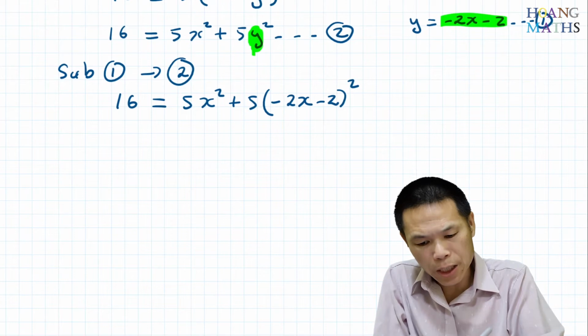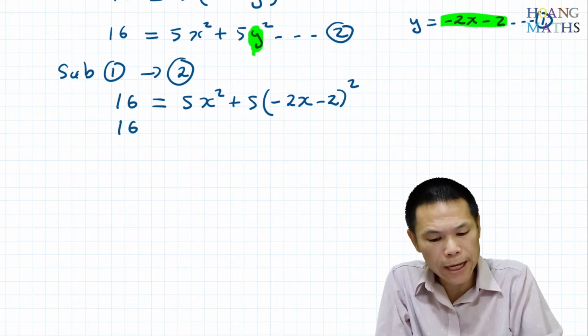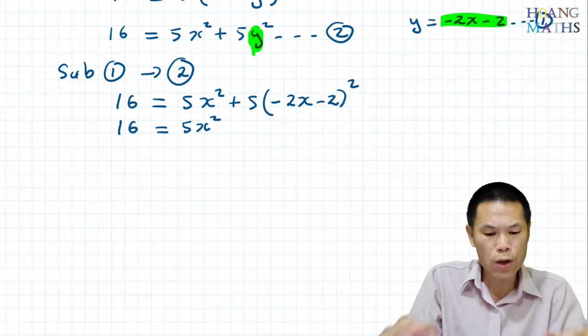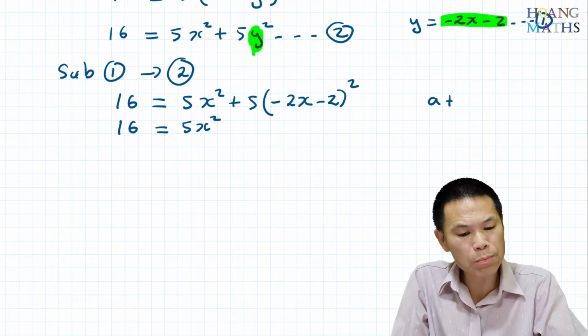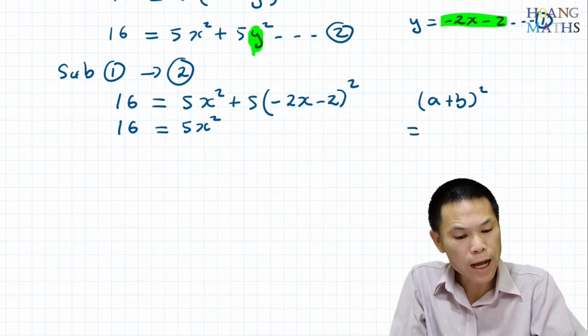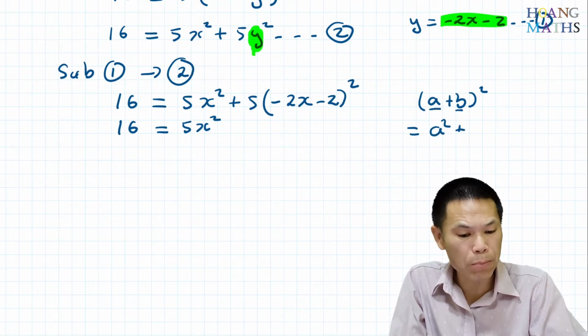So let me just write 16 down. So 5x squared. Now to expand this, I use perfect square. So remember, a plus b or a minus b, doesn't matter, squared will give me a squared and a times b, which is ab, and we double it. Okay, so I'm just using these techniques, just quicker, that's all. And that's a rule.